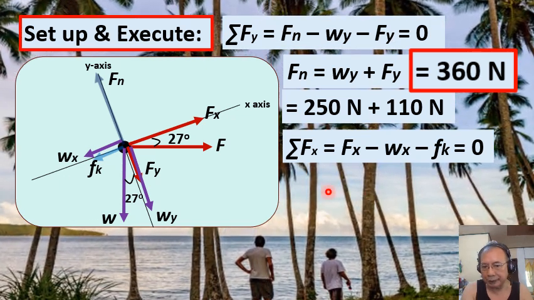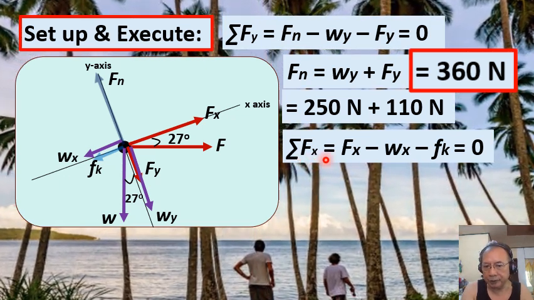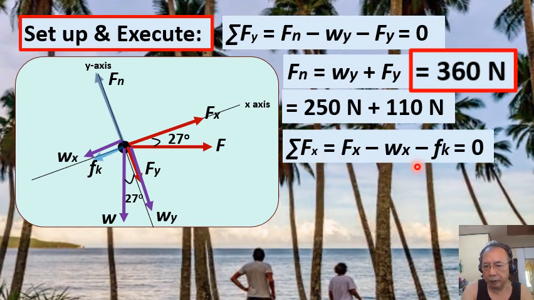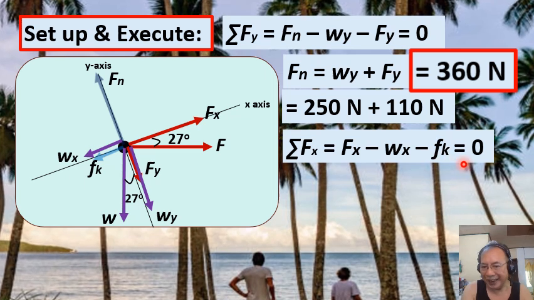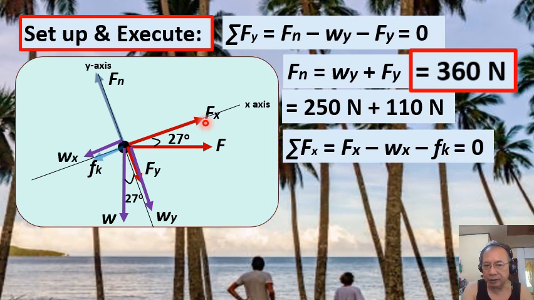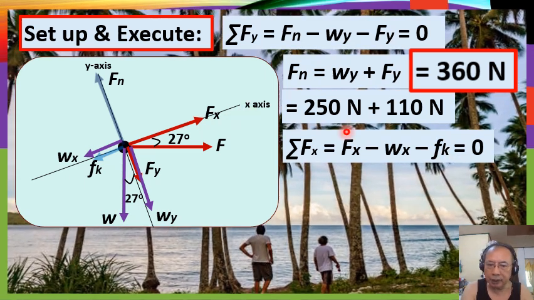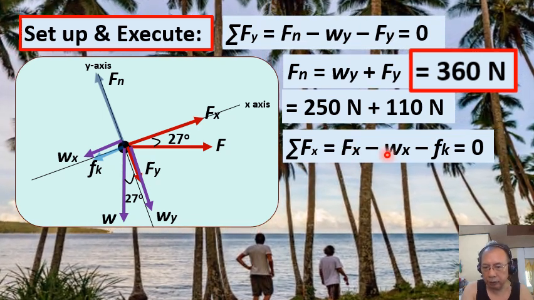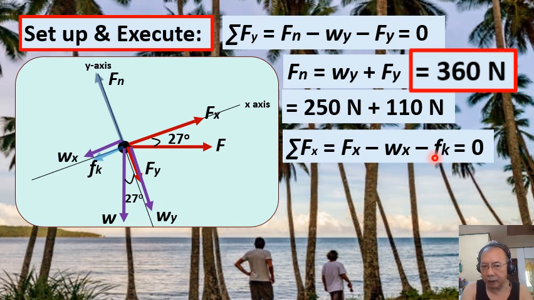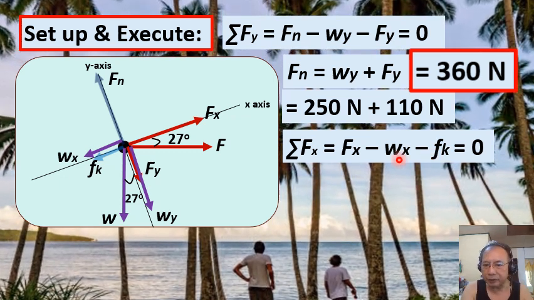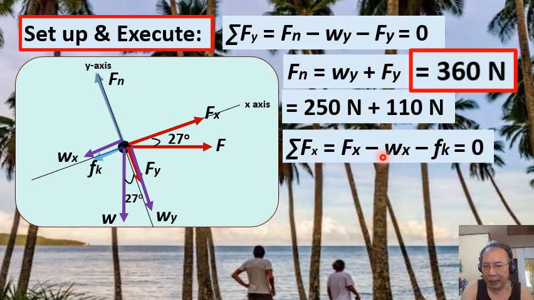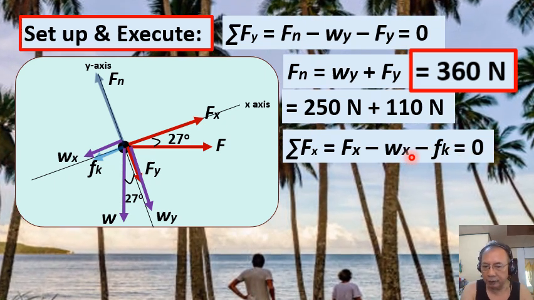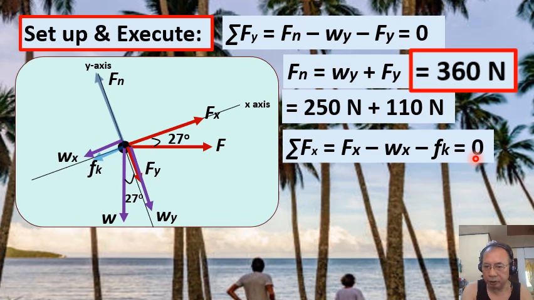Mathematically, the summation of Fx equals the vector sum of Fx, Wx, and F sub k. Since Fx is directed up the incline, it has a positive sign, while Wx and Fk are both directed down the incline, so each one has a negative sign. And the vector sum of these forces is equated to 0.